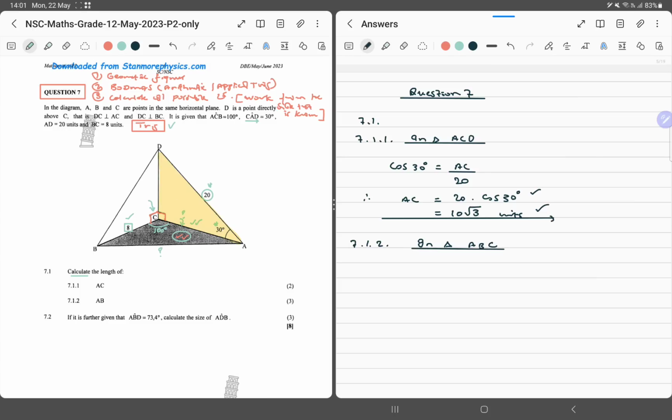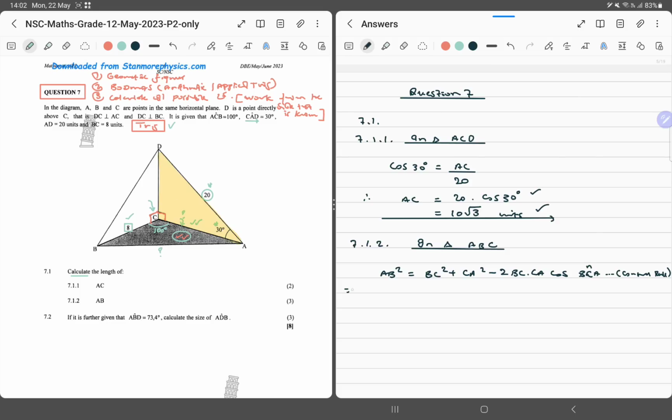We know that AB squared is equal to BC squared plus CA squared, minus 2BC CA cos of BCA. Okay, so that is the cosine rule. Okay, nothing major.